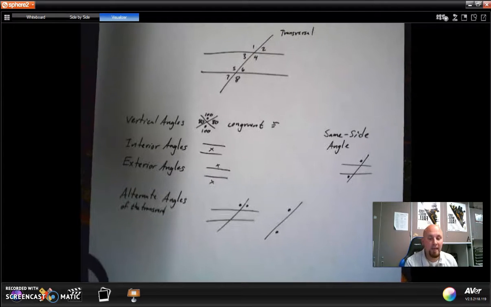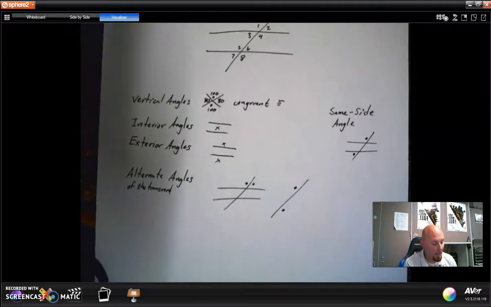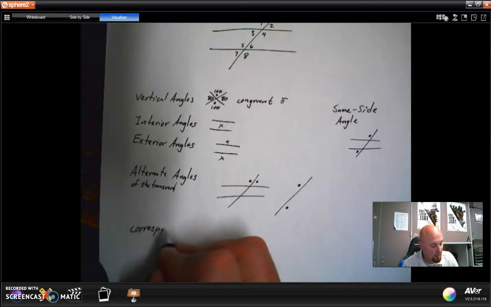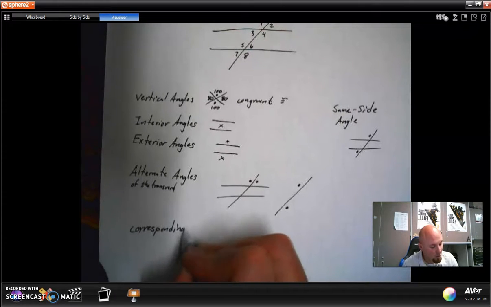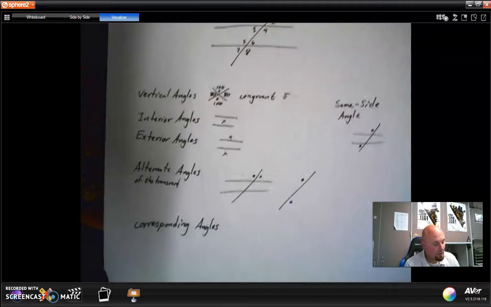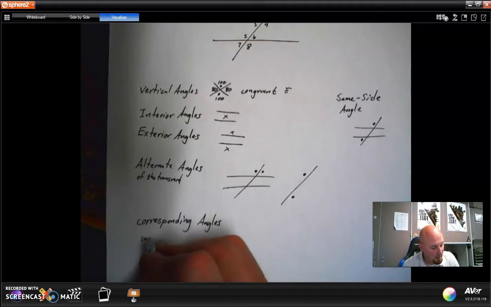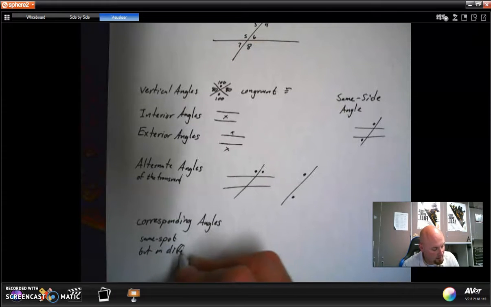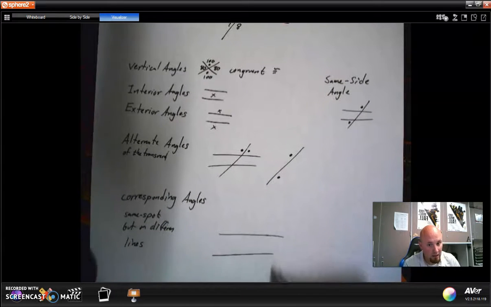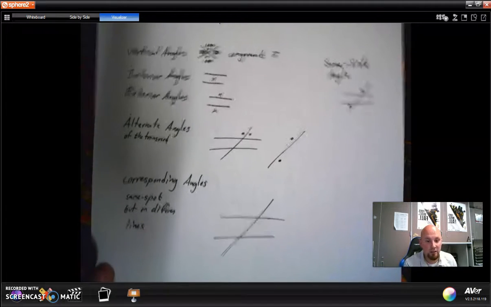Okay? And the last vocabulary word that we have is called corresponding. Corresponding angles are angles that are in the same spot, but on different lines. This is a tricky one, so let me explain. Let me show you a corresponding angle. Here's our parallel lines, here's our transversal.